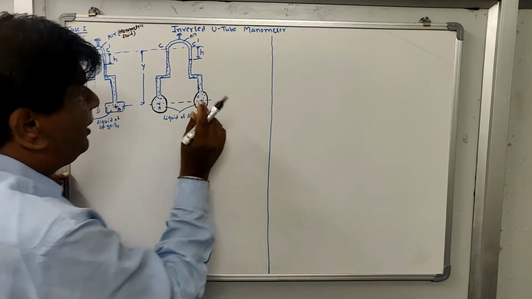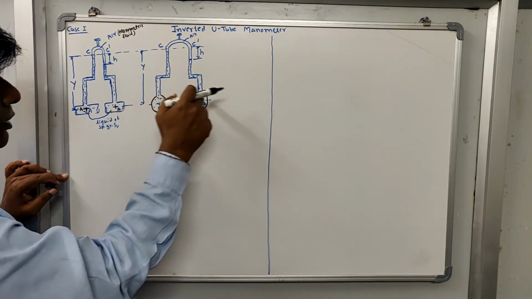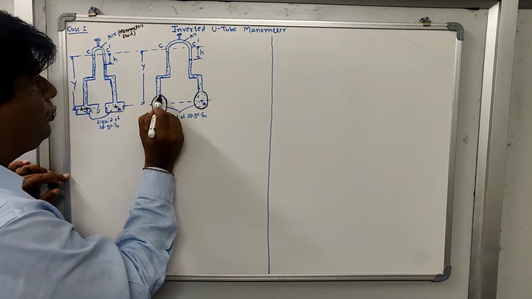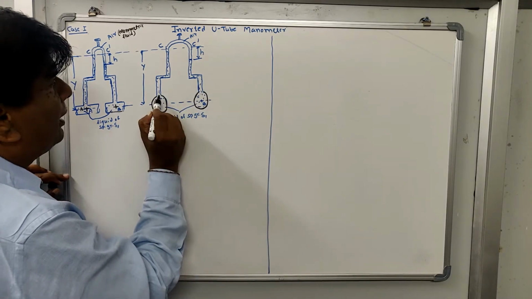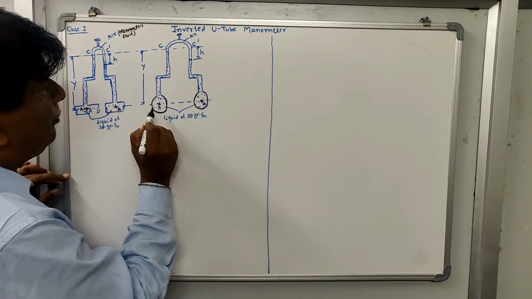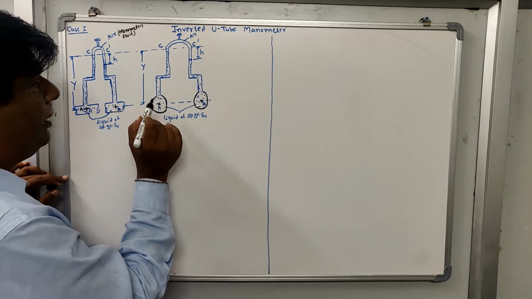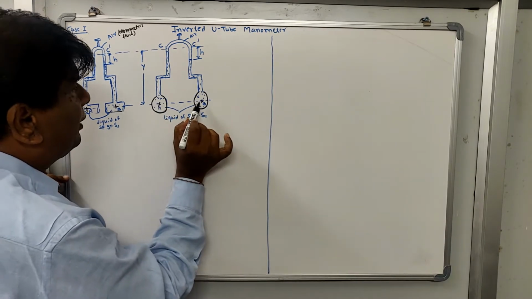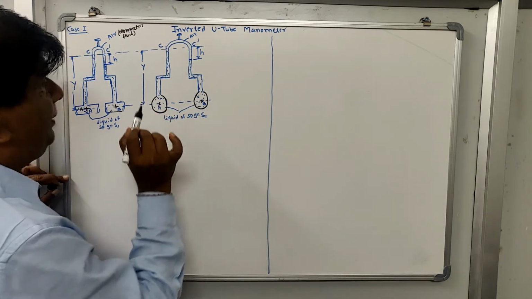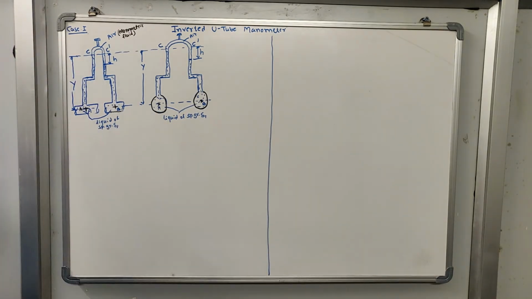These two pipes are running perpendicular to the board, and what I have shown here are the cross sections of the pipes. Suppose the two ends of the manometer tube are connected at point A and point B. Here we want to know the pressure head difference between points A and B in two different pipes.